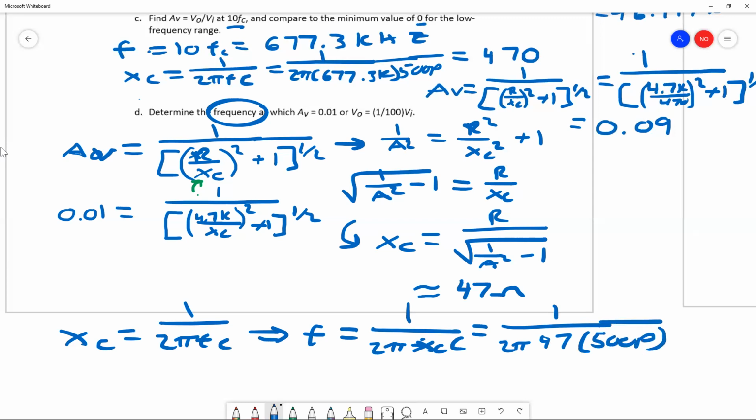Remember, pico is 10 to the negative 12. So that's going to give you roughly 6.77 millihertz, which is pretty high. And that is the value for part D, and that is problem 18.